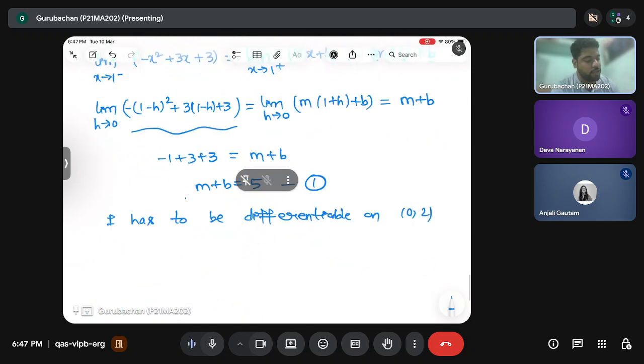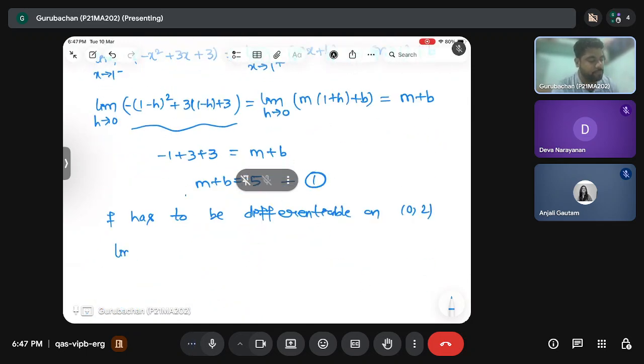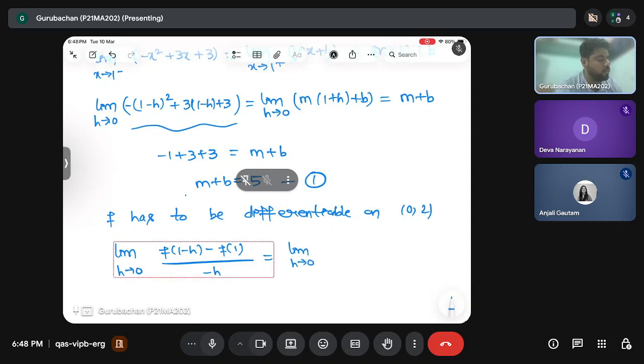So you need to make sure that limit x tends to 1 minus f x, or we may write it as limit h tends to 0, f of 1 minus h minus f of 1, equal to limit h tends to 0, f of 1 plus h minus f of 1.